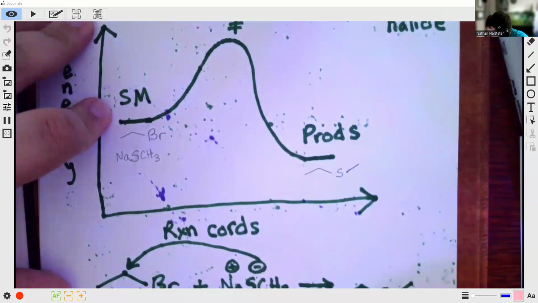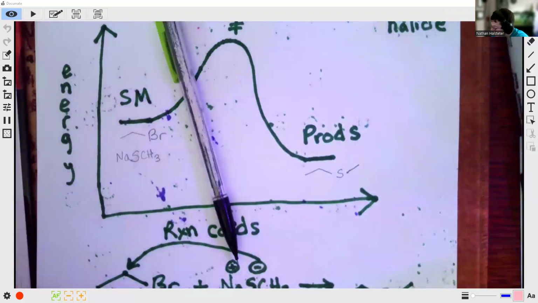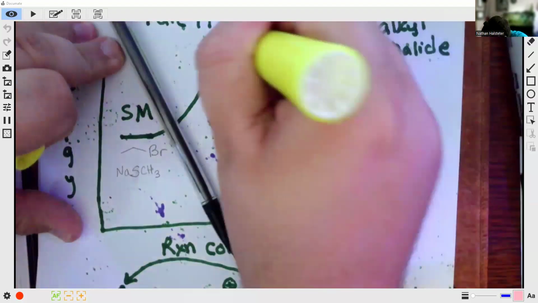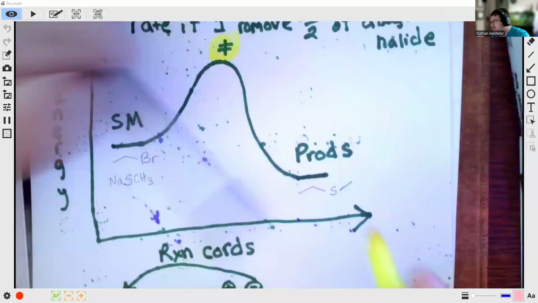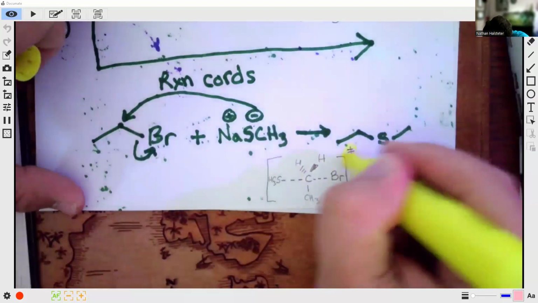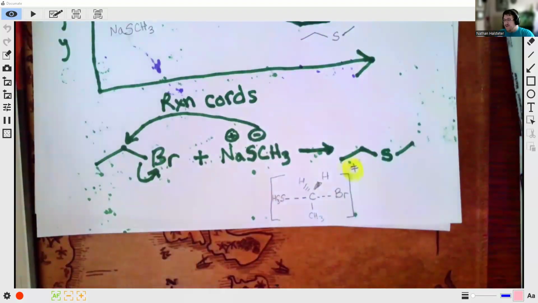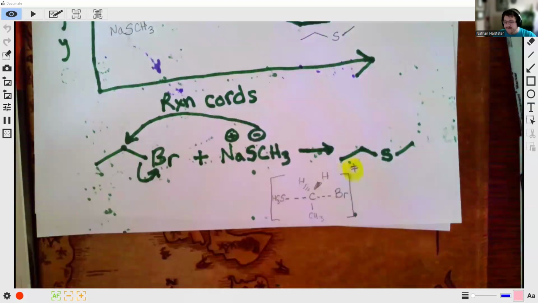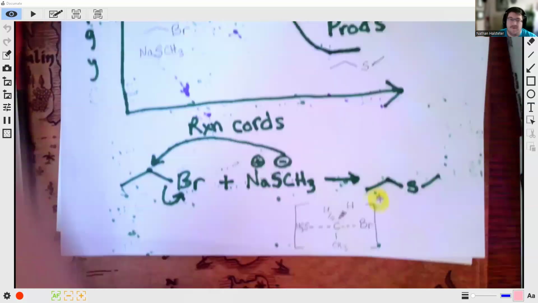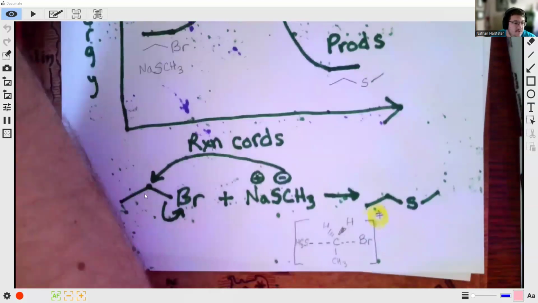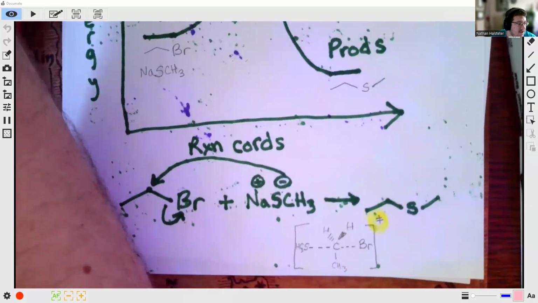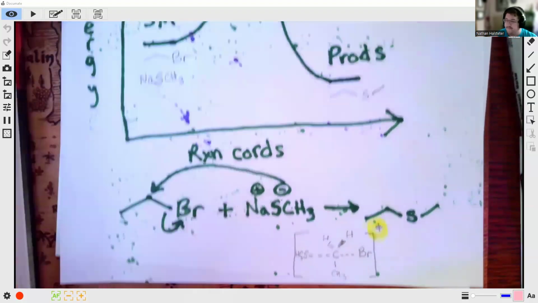So for this one, I'm just going to highlight it up here and then highlight it down here because there's not quite enough space. Hopefully you guys feel okay with that. Still got some time.